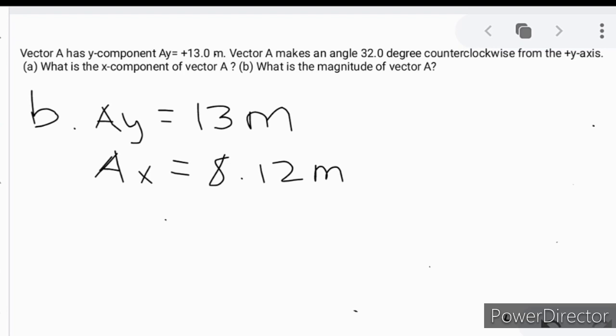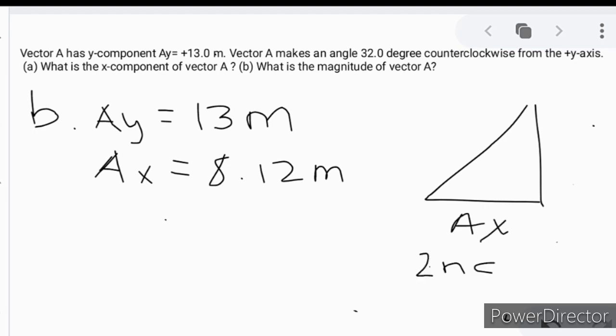As we recall our illustration earlier, A sub x is on the second quadrant. Therefore, if the x component is on the second quadrant, what will possibly happen?